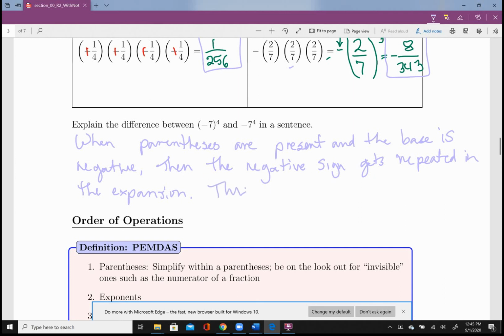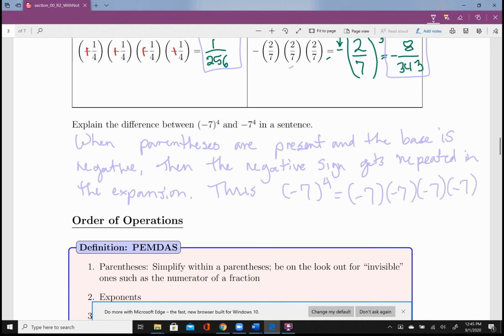Thus, -7 to the fourth power equals -7 times -7 times -7 times -7.